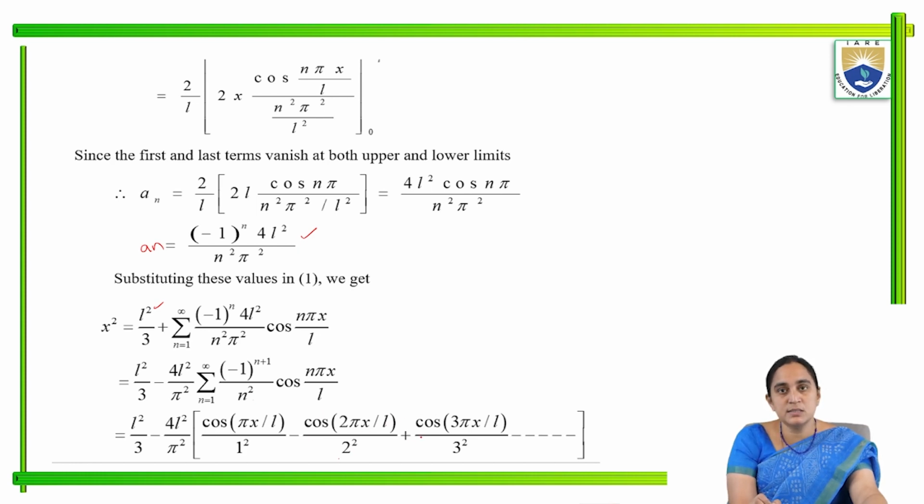If n is 3, that is positive cos 3 pi x by L by 3 square. This is the required series for the function x square within the limits minus L comma L.